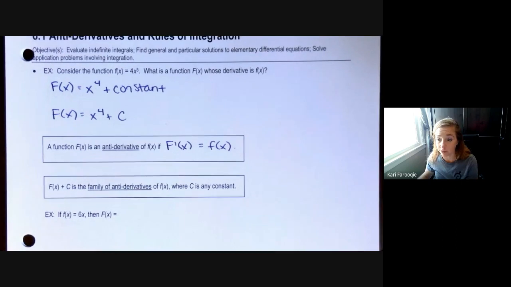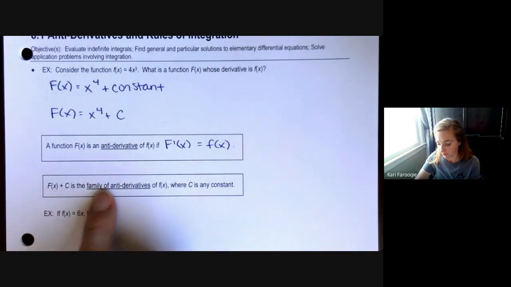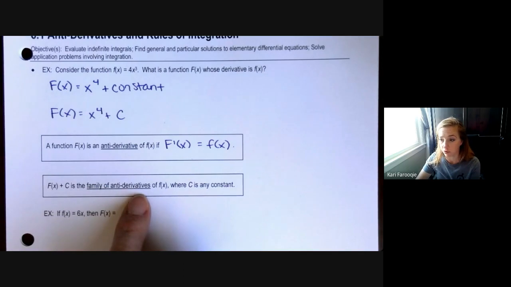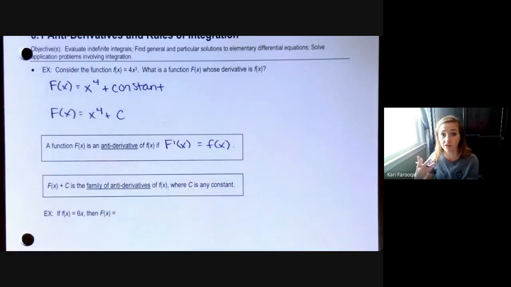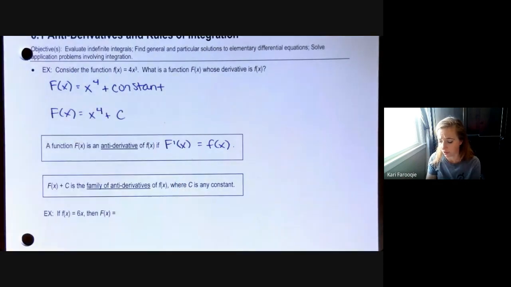And then, like we were saying before, capital F of x plus c is a family of antiderivatives for little f, where c is any constant. So you could have an infinite number of antiderivatives that have a derivative of 4x cubed, because that constant could be any of an infinite number of values.